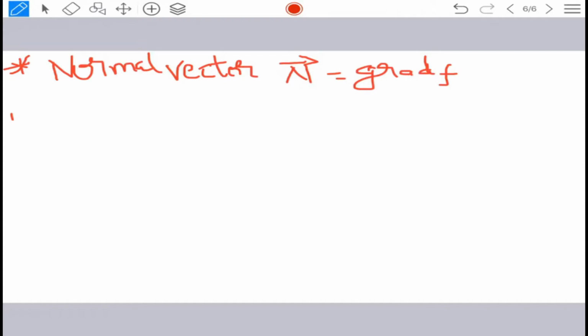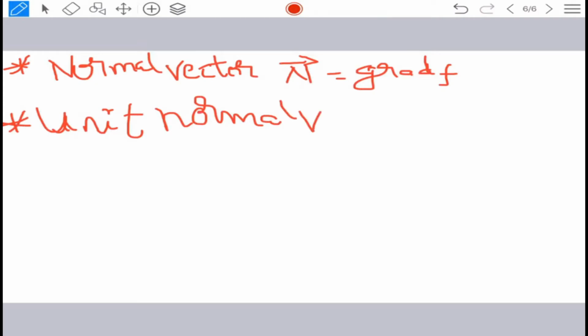Then, what is a unit normal vector? It is represented with n cap.